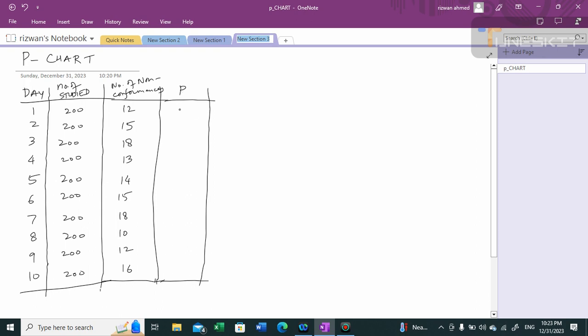So p we can compute as 0.06, then 0.075, then 0.09, then 0.065, then 0.07, then 0.075, then 0.09, then 0.05, 0.06, and 0.08.